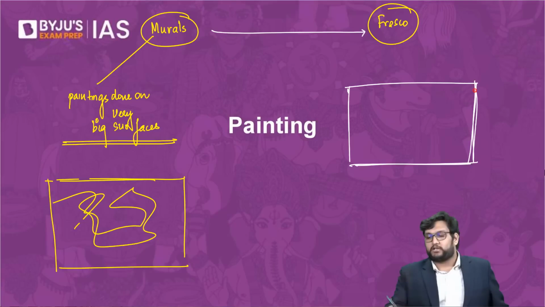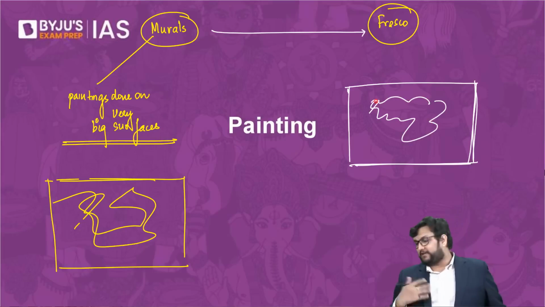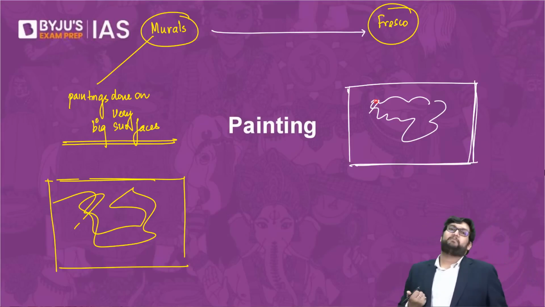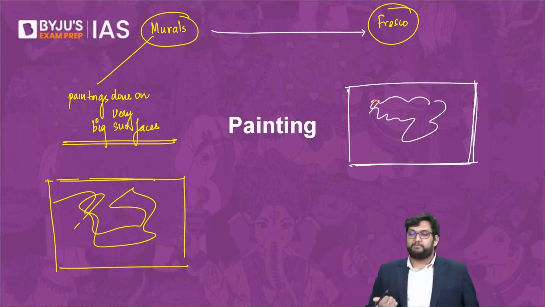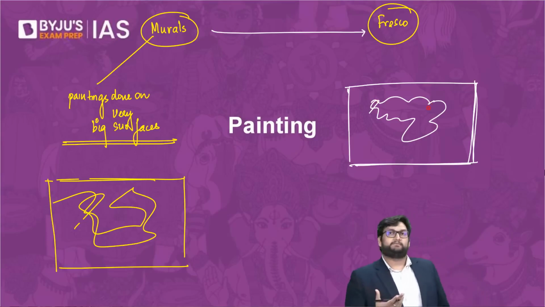You take water soluble paint and put it onto the wall while it is wet and drying. The color is then absorbed by the plaster, and the painting becomes more permanent.